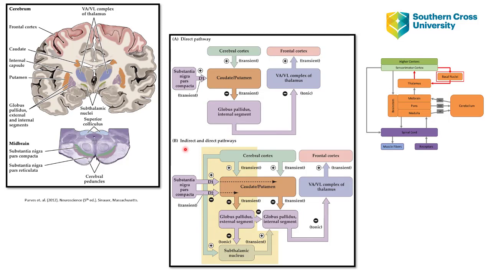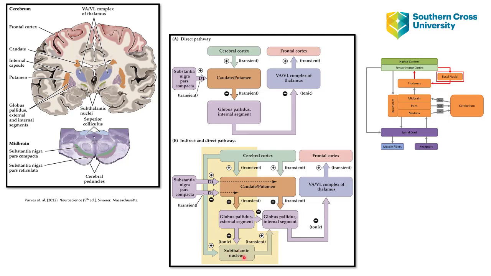The indirect pathway, you'll notice this loop is the same loop. So we still have that same loop functioning. The indirect pathway is actually referring to this part here, this additional loop on the side, as well as the cerebral cortex inputs onto the subthalamic nucleus.